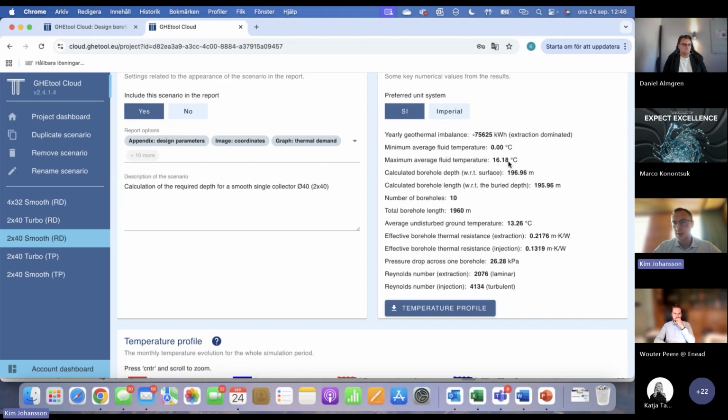But here we're starting to see some really big differences. Instead of drilling each borehole 177 meters, the system tells us that we need to drill almost 197 meters. So we need to drill more just because we are choosing a different probe.